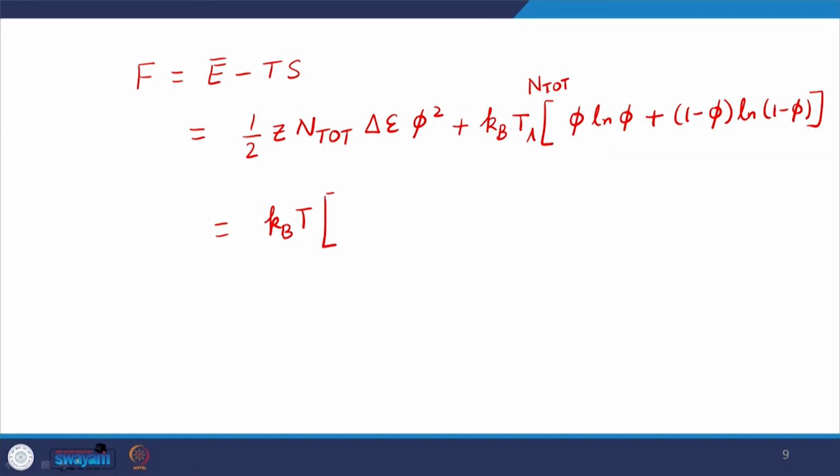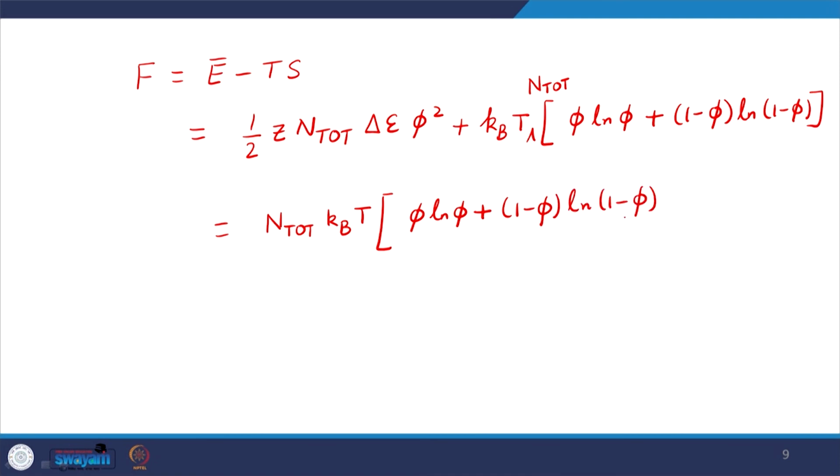So, this gives me n tot multiplied with kBT bracket phi ln phi plus 1 minus phi ln 1 minus phi plus half z delta epsilon by kBT phi square.